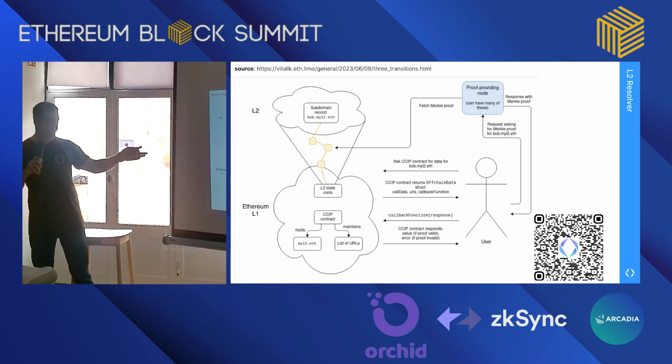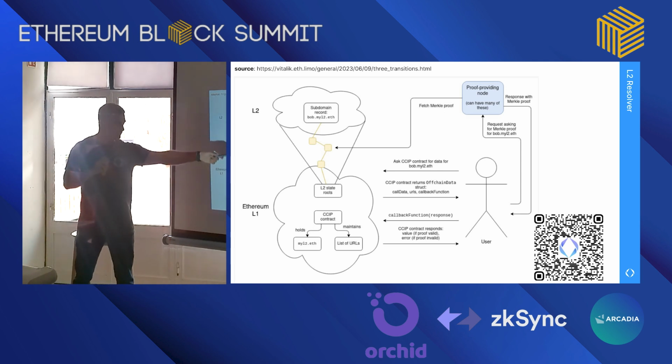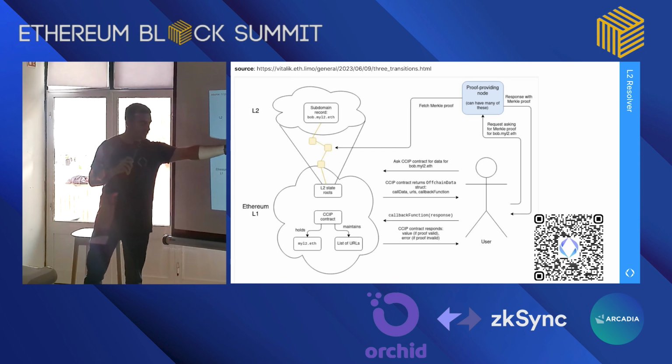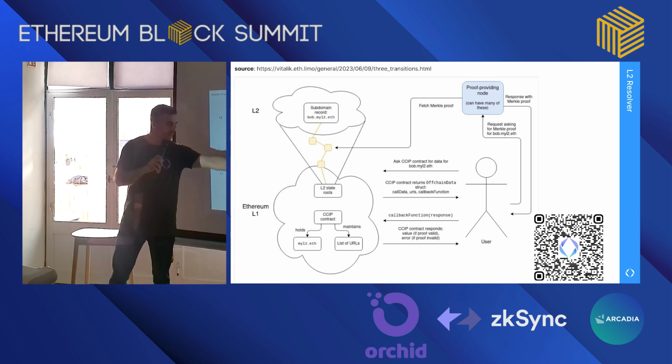So if you see, it's actually more or less the same as what I described previously. Basically, an actor asks the CCIP contract if the data is available, and the CCIP contract returns the off-chain lookup error, and then it goes to the gateway.